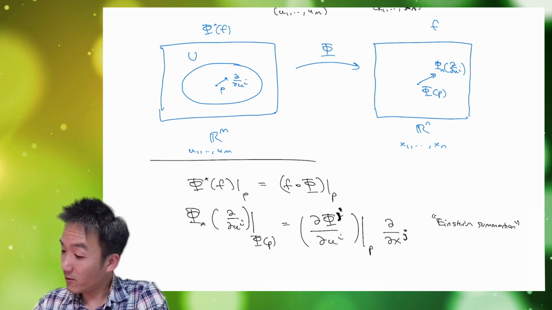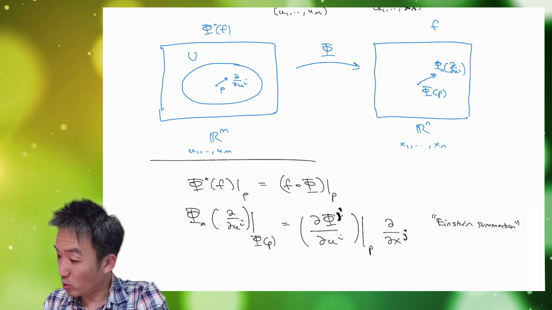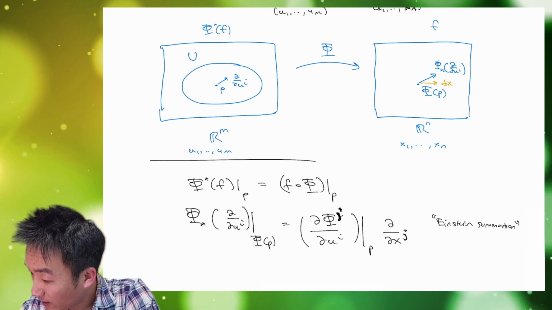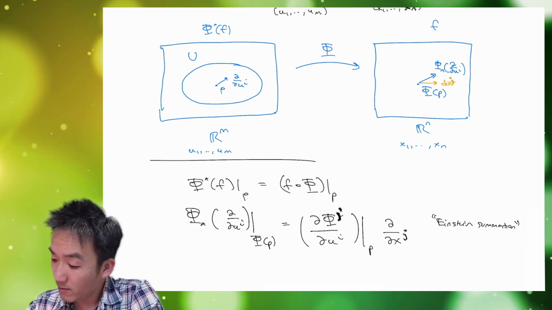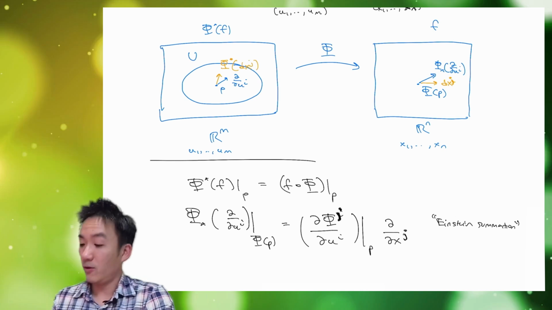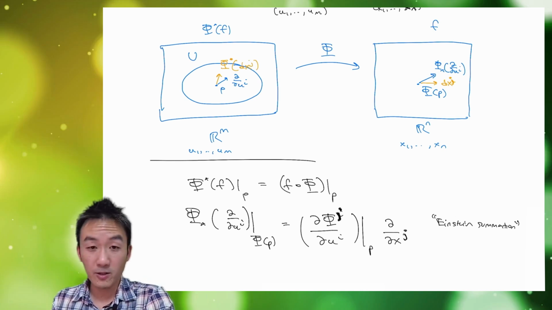The next thing to consider is the pullback of cotangent vectors. If I have a coordinate cotangent vector dx_j here, I can pull it back to a cotangent vector in the domain.